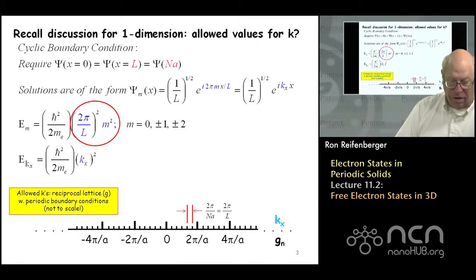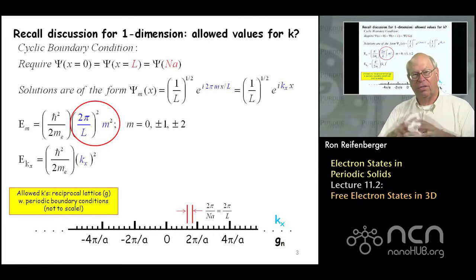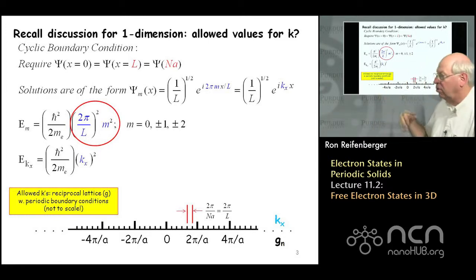We have to talk a little bit about k-space and about the allowed k vectors that these electrons can have. And so to do that, I just remind you very quickly about the 1-dimension discussion that we had.